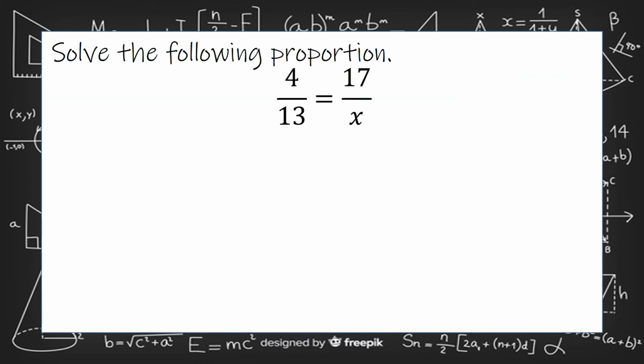Solve the following proportion. 4 over 13 equals 17 over x. So what we're going to do is we're going to cross multiply. 13 times 17 equals 4 times x. So 13 times 17 is 221.